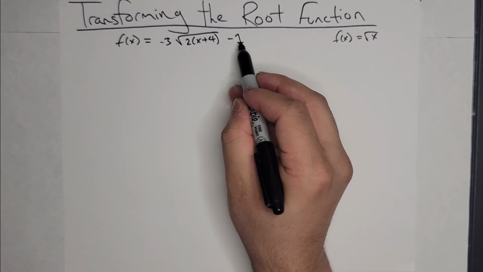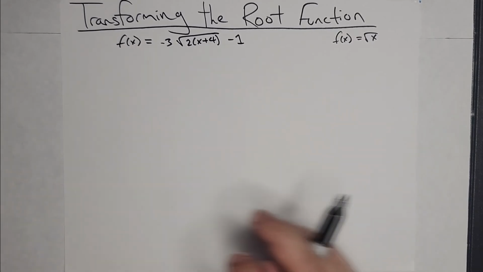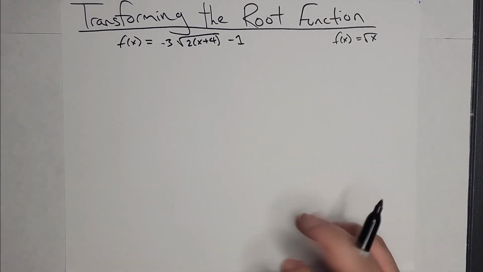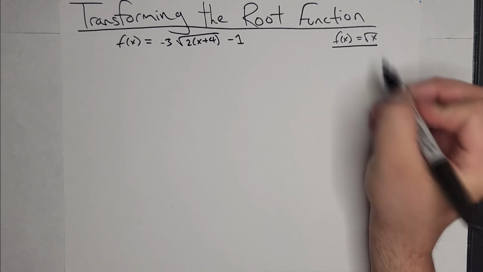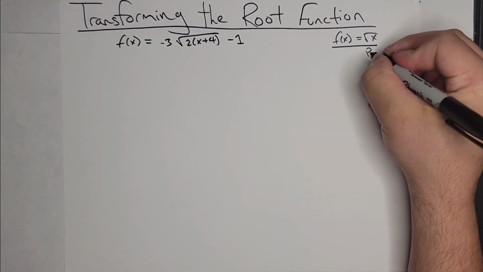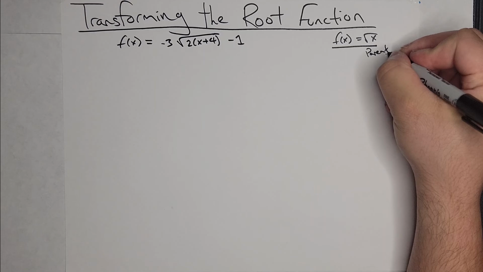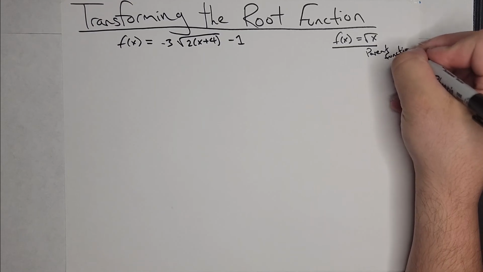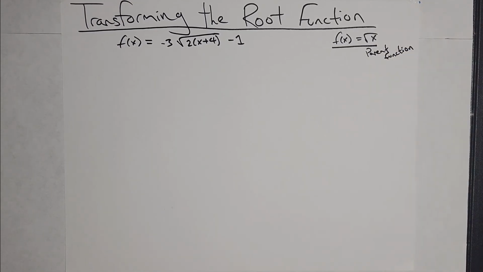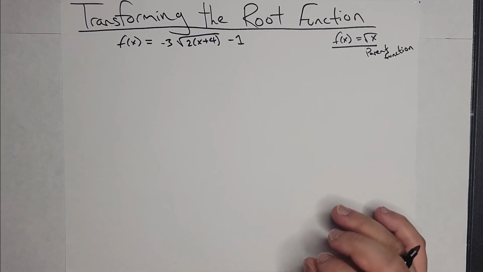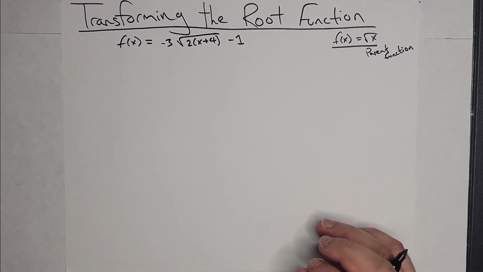So today we're going to try to graph out this function here. So we know that this is our parent function. And we're going to do this one step at a time.